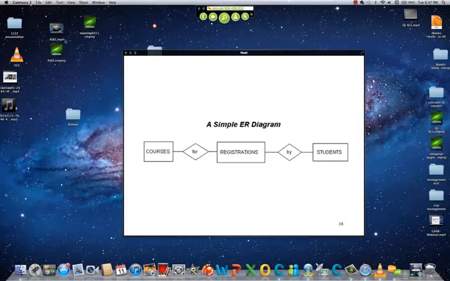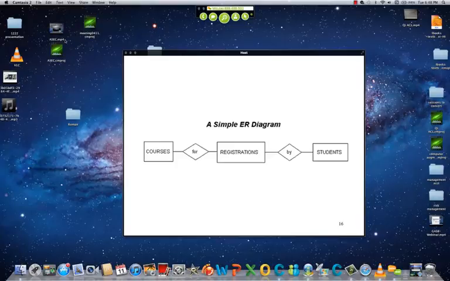For example, suppose that you're dealing with course registrations, okay? What you will need in your business model, in your logical model, is three entities, three objects of interest, at least three: courses, registrations, and students. So you have these objects of interest, right?